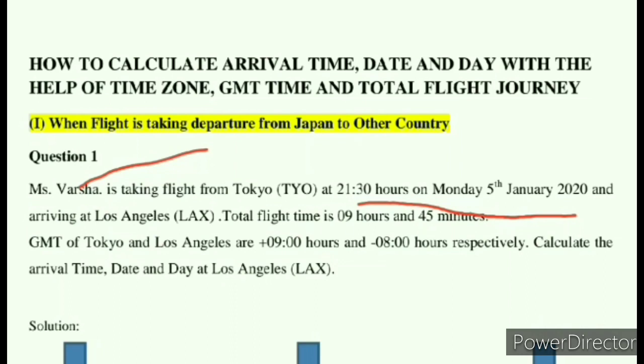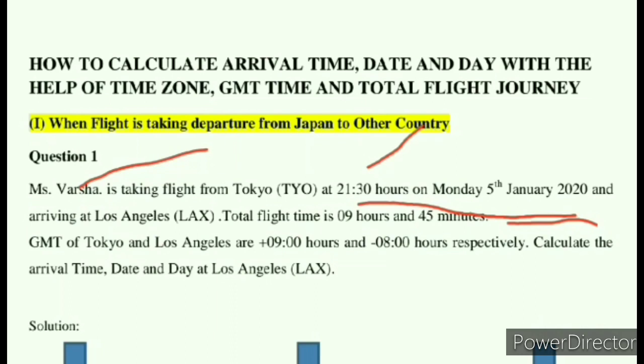If Miss Versa, a traveler living in Japan, is taking a flight from Tokyo and is not aware of the GMT time rules and international date line rules and regulations, she will think that if she takes departure at 21 hours 30 minutes, with a total flight journey of 9 hours 45 minutes, then after 9 hours 45 minutes she will be at the destination, Los Angeles.